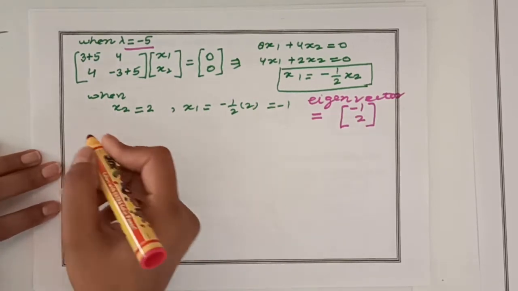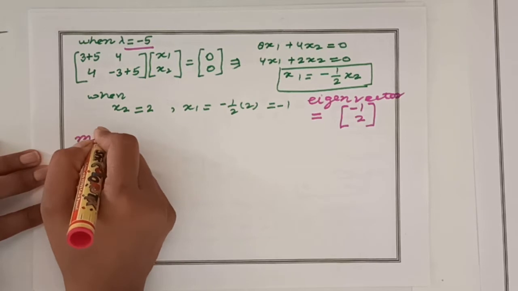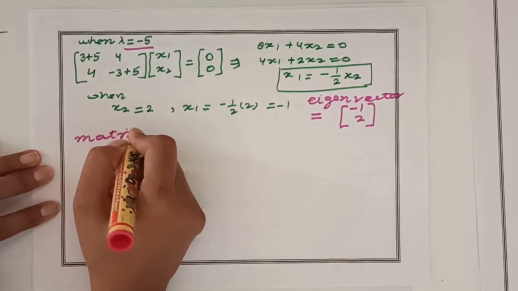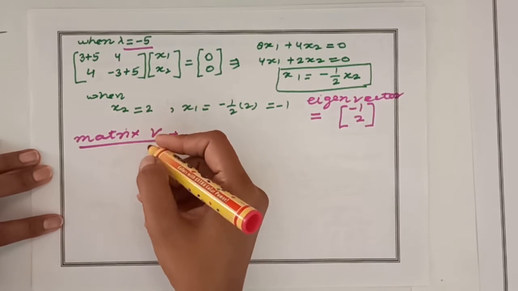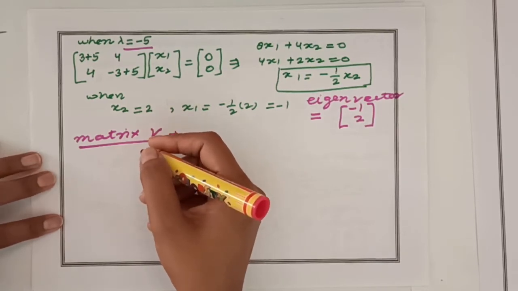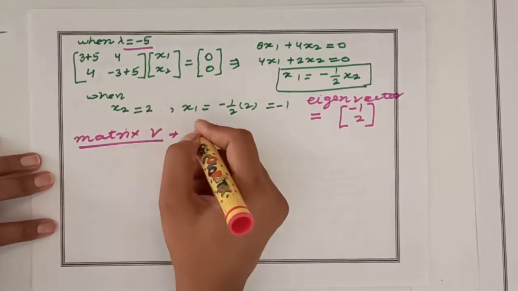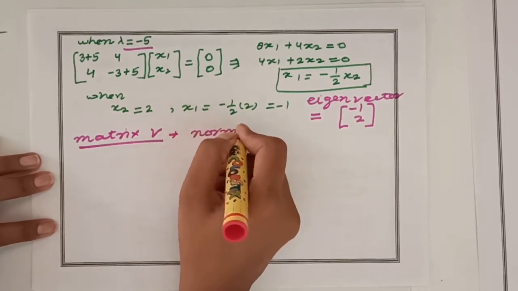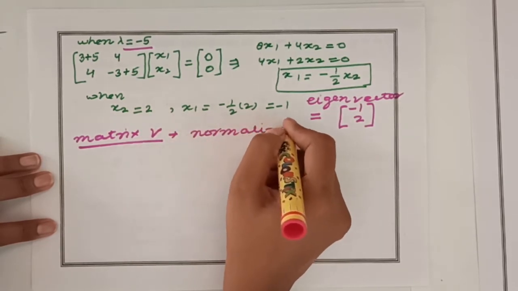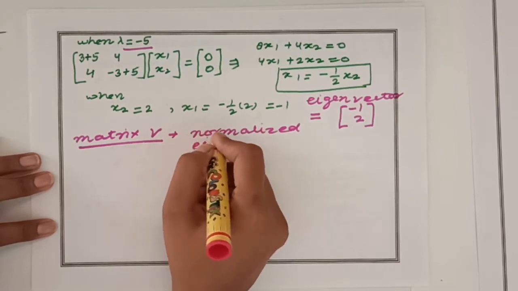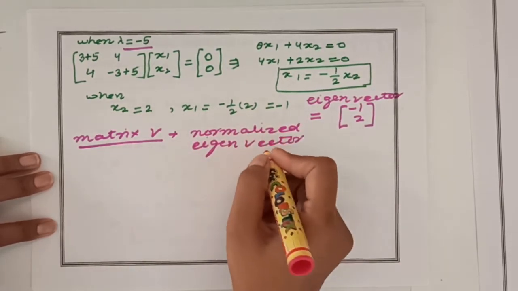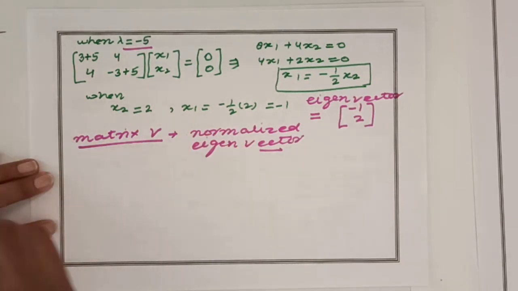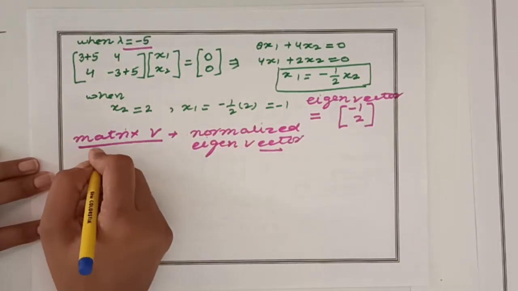Now you have to write down the matrix V. What is this matrix V? This is the normalized eigenvector. And how to write down the normalized eigenvector you have already studied.